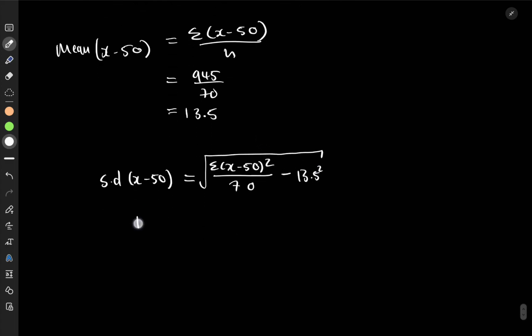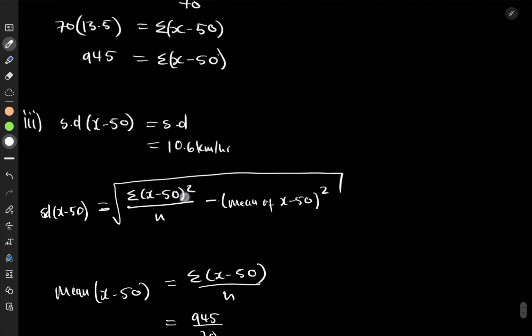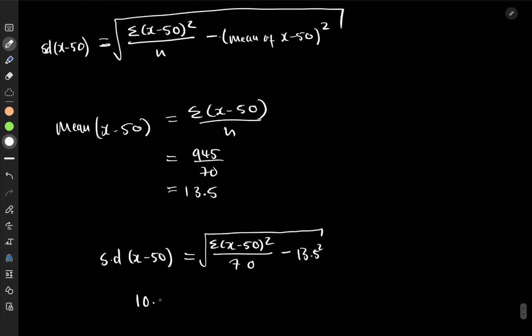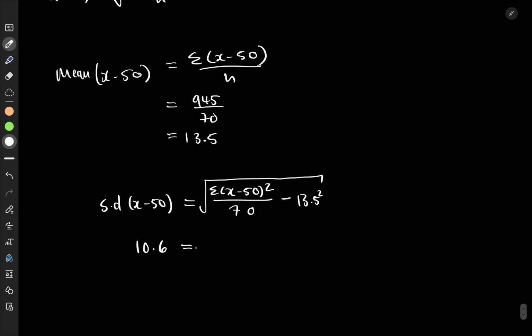The standard deviation is 10.6, so 10.6 squared is equal to the summation of x minus 50 all squared over 70 minus 13.5 squared.